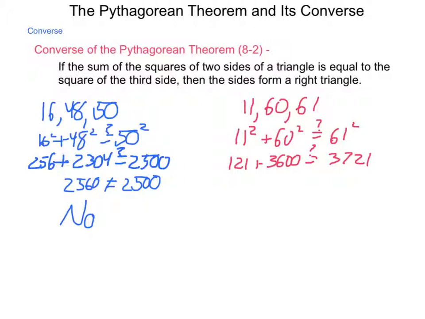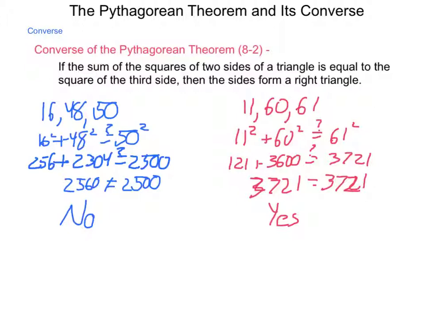Well, adding our left side together, we get 3,721, and that is equal to 3,721. So yes, these three sides will form a right triangle.